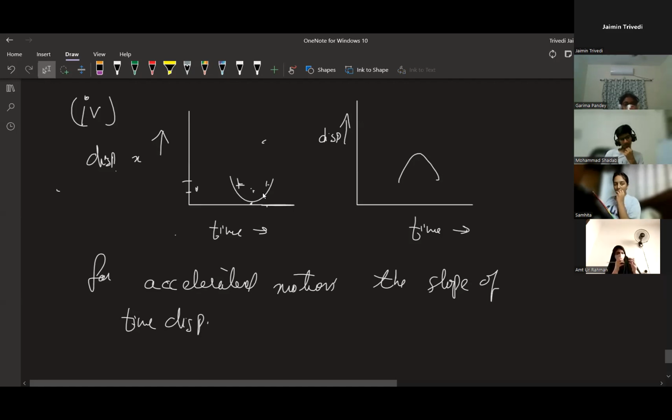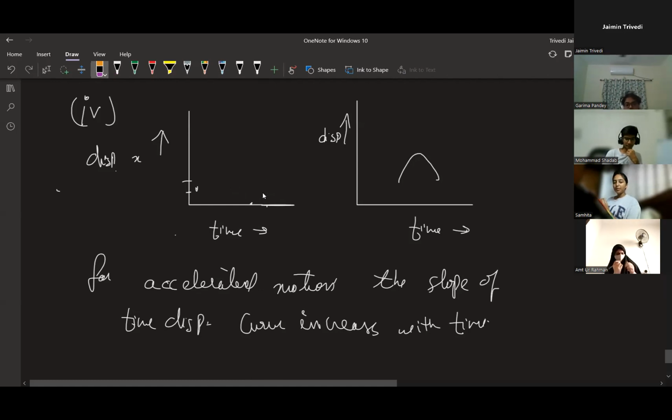So for accelerated motion, the slope of the time displacement curve increases with time. So this is accelerated motion.